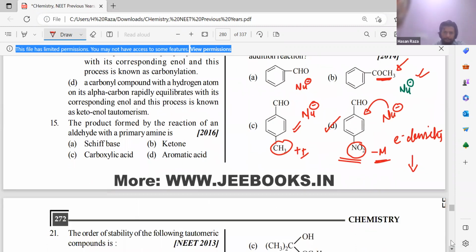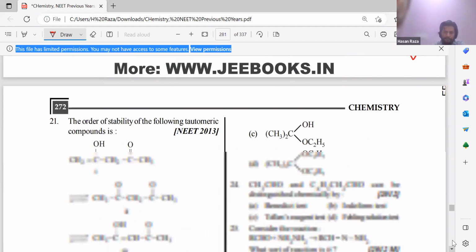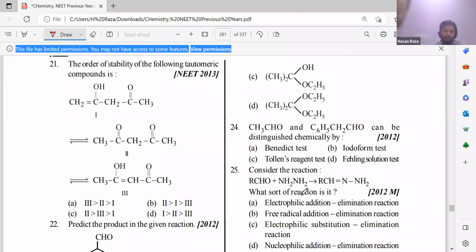Mamuna? Yes, sir. Now you are going to tell me the order of stability of the following tautomeric compounds. Tautomeric compounds, it's very easy. You just need to do 1, 2, 3. You just need to remove this hydrogen to this and shift this double bond to this, so it becomes ketone.